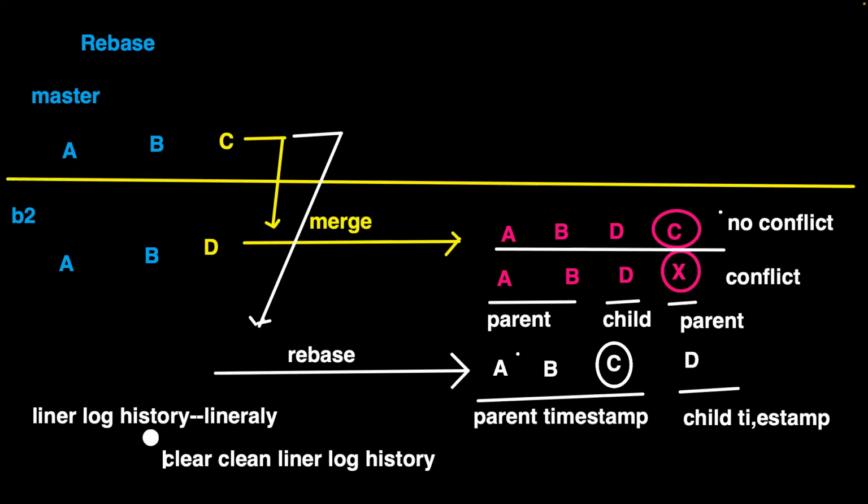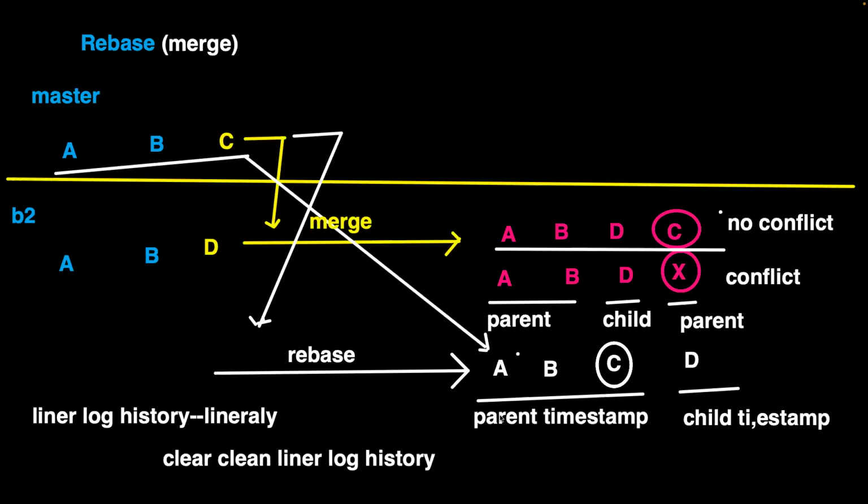Rebase is also a kind of merge, but it will rewrite the log history, and it gives the assumption as if you have created the branch here, not at the earlier point. If you had created the branch at C, this is how your log history would look. So that is what rebase is.